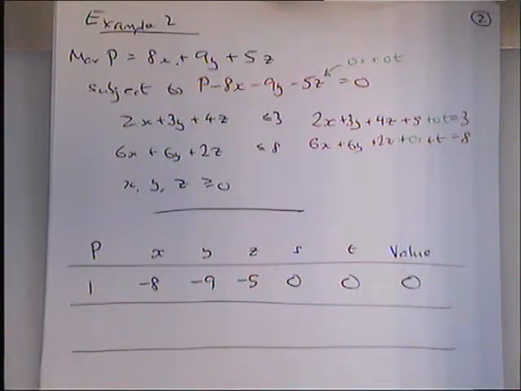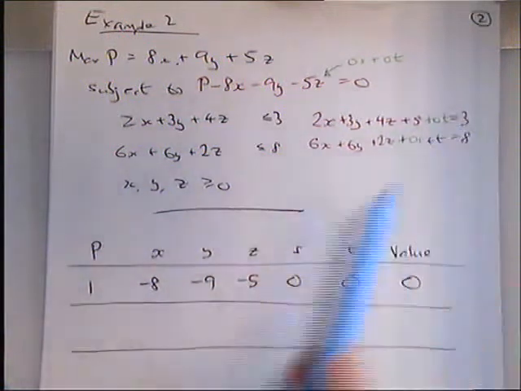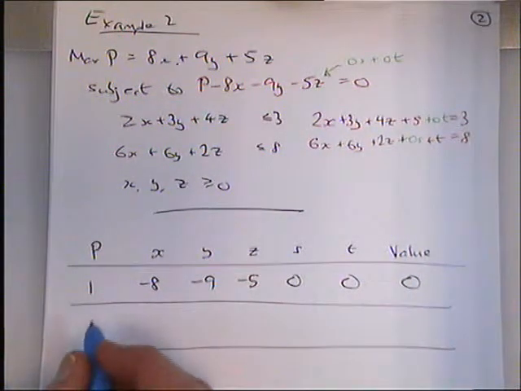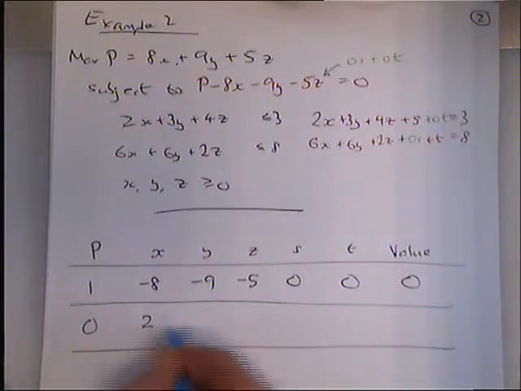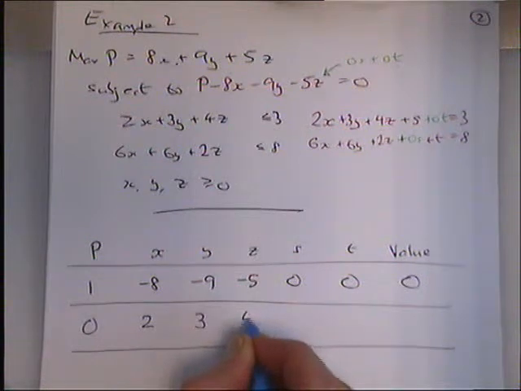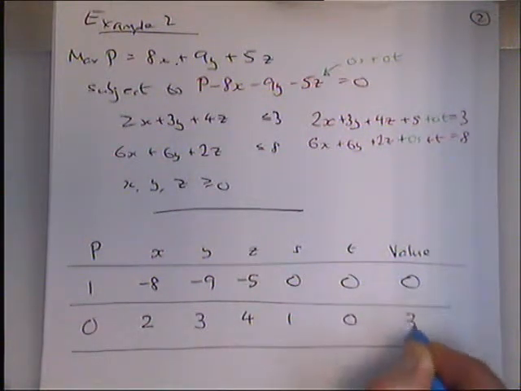My next row will come from my first constraint, which is this one here. Okay. It'll be, what's P? Oh, 0. Yeah, because P's not there, it's a 0, that's right, yep. 2. 3. 4. 1. 0. 3. That's right, good.